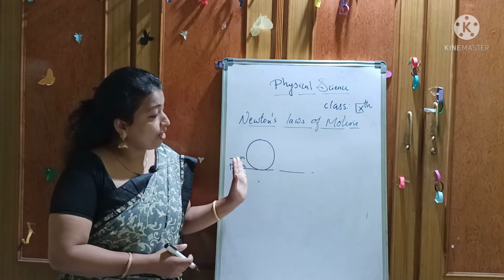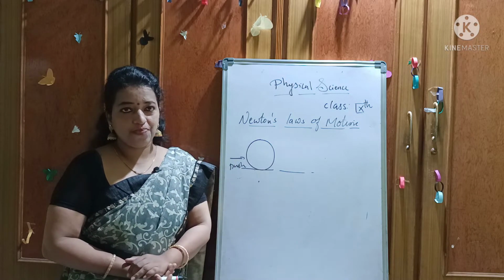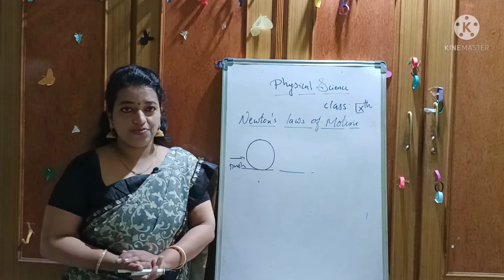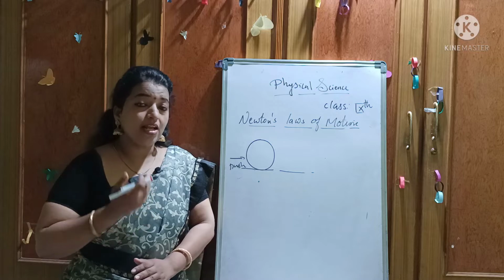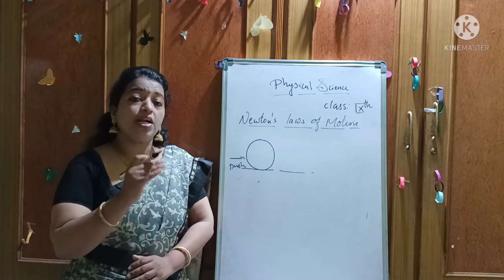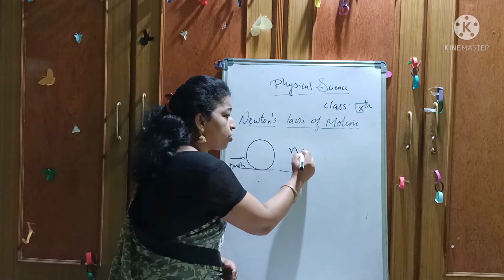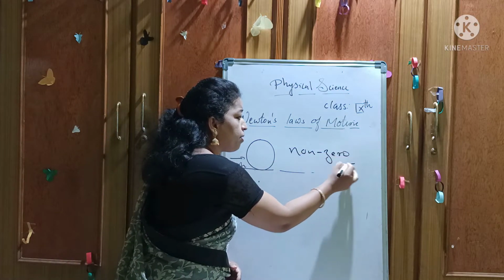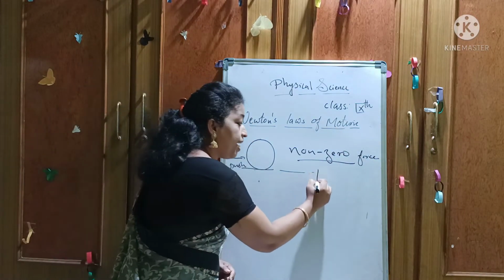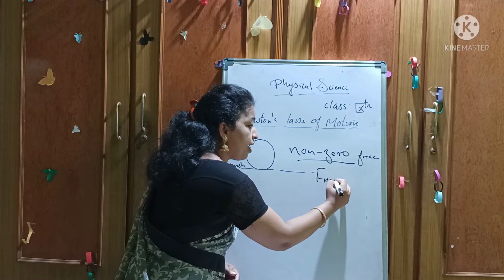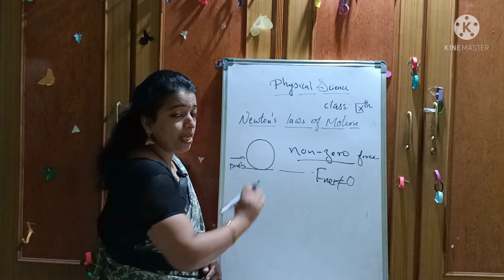When a non-zero net force acts on an object, what happens to that object? That we are going to learn now. What do you mean by non-zero net force? That means the net force should not be equal to 0.